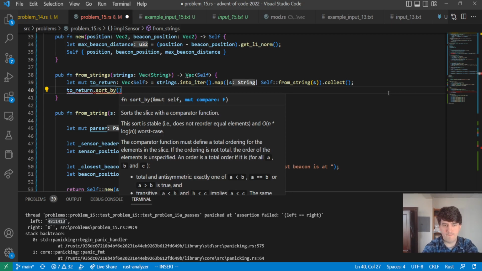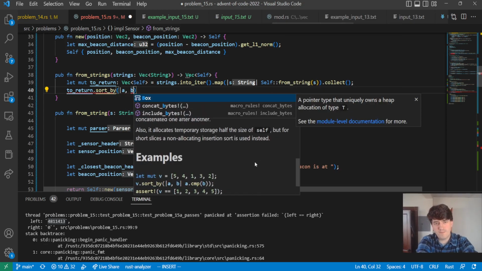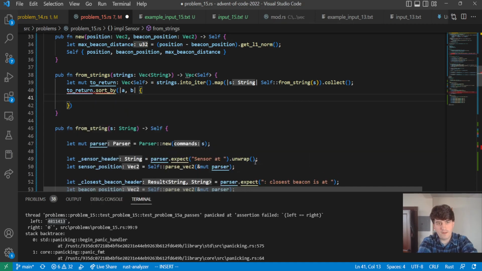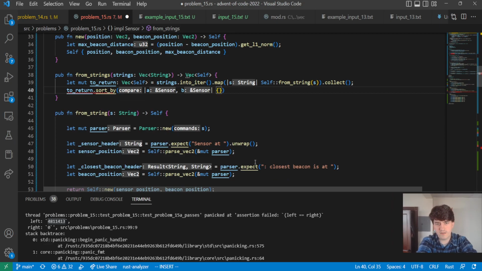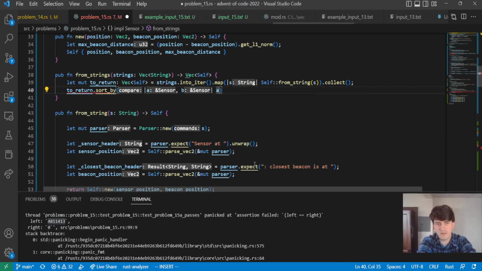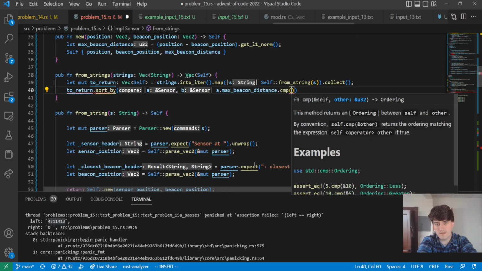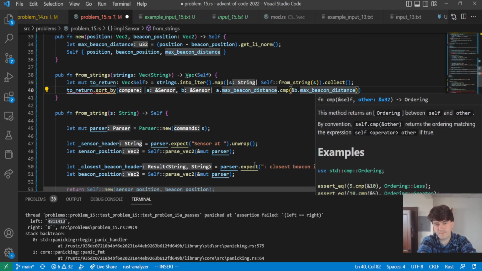It takes two arguments, A and B. Actually, we can just say max beacon distance dot cmp b dot max distance.